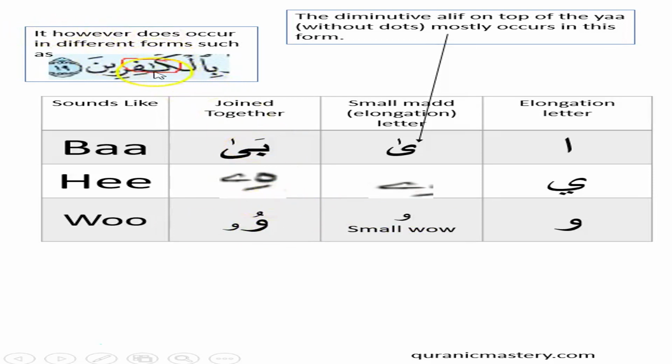Now, there are different ways that this alif can be written. If we have a look here, in the middle of this word, you've got a small alif, and that is also a mad. Bil kafirin, bil kafirin. You can hear the stretch in that. Alright, so this normally occurs in the middle of a word, normally after the first letter. So there's the alif lam.